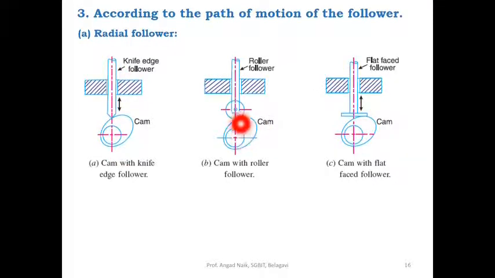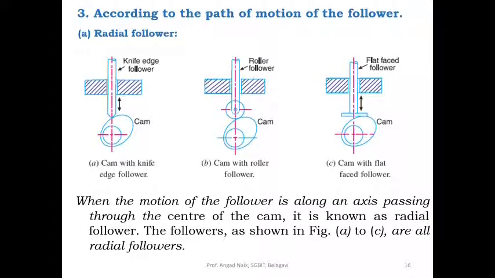Here also they are in the same line, same axis. In this also you find they are in the same axis. So when the motion of the follower is along an axis passing through the center of the cam, it is called as a radial follower. From figure A to C, all are examples for radial follower.